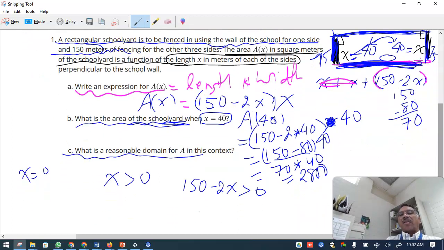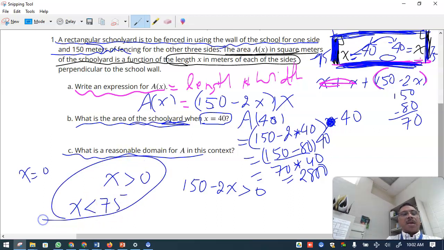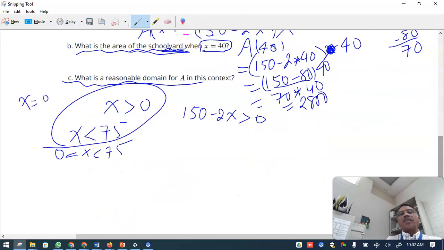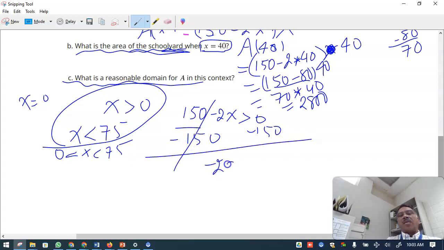So common sense says that the amount of fence you put perpendicular to the wall has to be lower than 75, and combining you get 0 less than x less than 75. Or you can work it out this way: subtract 150 from both sides, so this goes away, and you drop down to negative 2x less than negative 150.